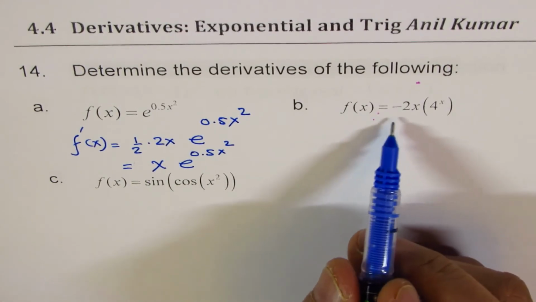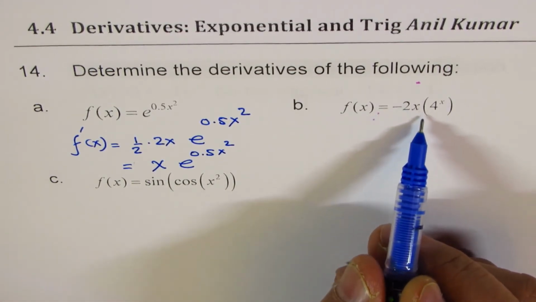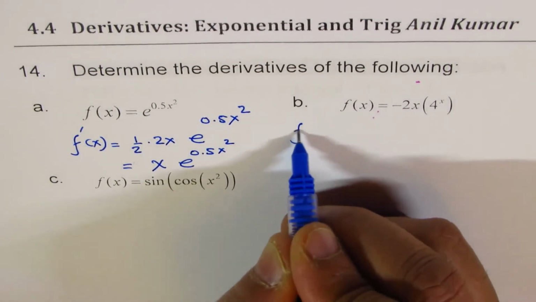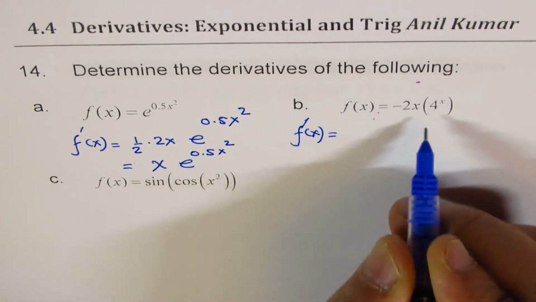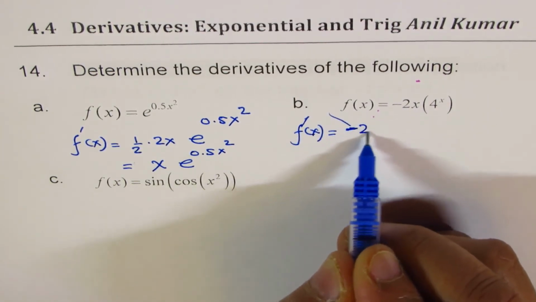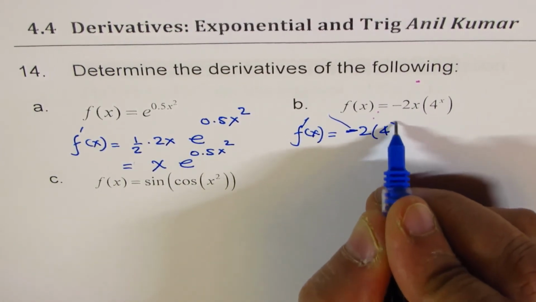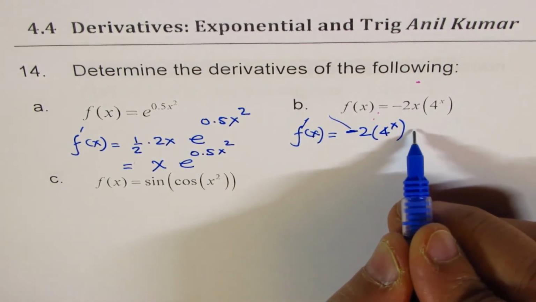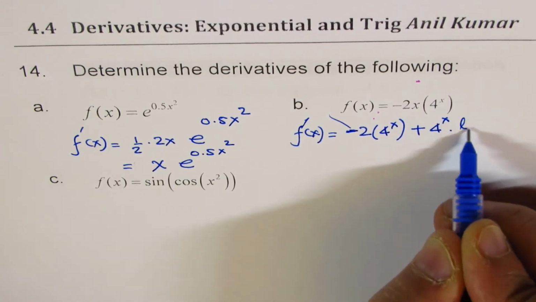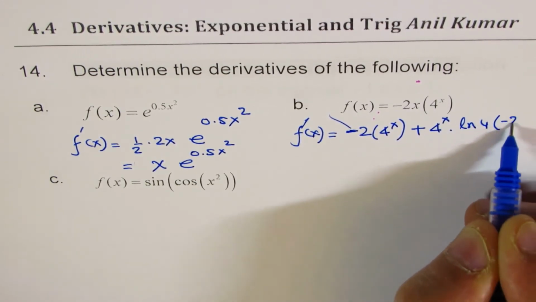The second one here is f of x equals minus 2x times 4 to the power of x. We'll apply the product rule. So we get the derivative as the derivative of the first function, which is minus 2 times 4 to the power of x, plus the derivative of the second function, which is 4 to the power of x ln 4 times minus 2x.